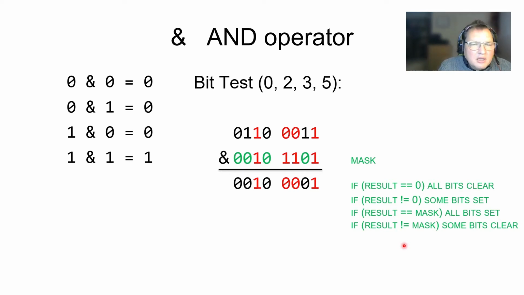If the result is different from 0, then some bits are set, and this is the case here. If the result would be equal to the mask, which is not the case here, but if it was, this would mean one thing: that all tested bits, all the bits that we are testing, are equal to 1. And if the result is not equal to the mask, then this must mean that some bits are clear.